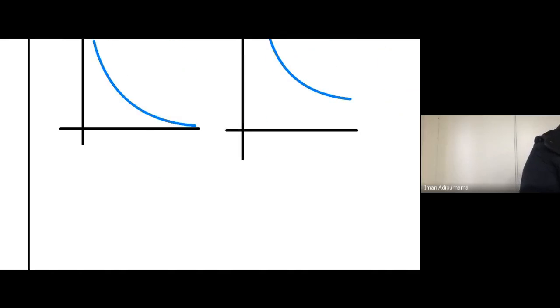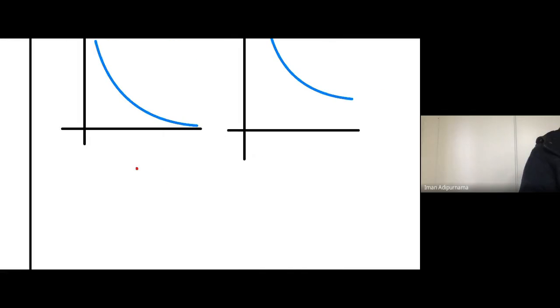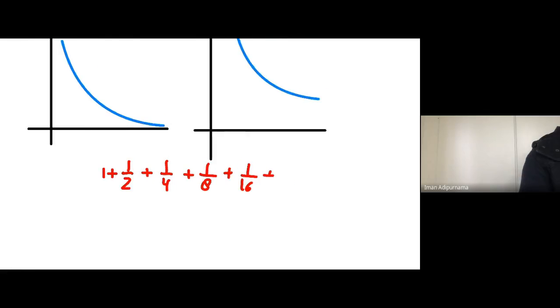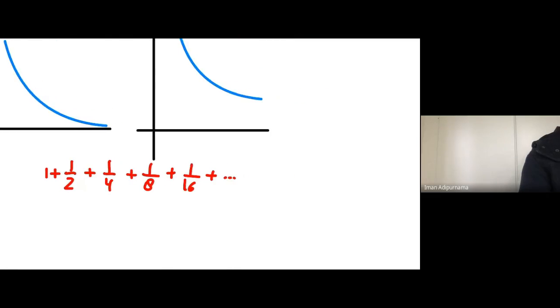For example, you have 1 plus 1/2 plus 1/4 plus 1/8 plus, and maybe infinity, like that.